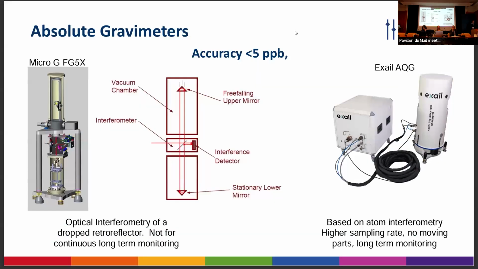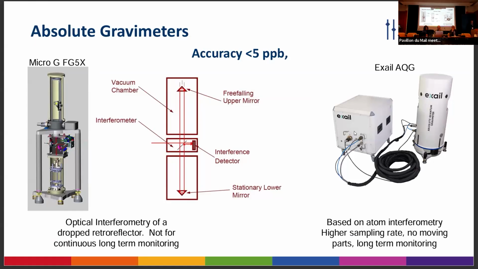So what we want to do is be able to measure gravity, and the way you can do that is through absolute gravimeters. There are multiple commercial ones available, but the main absolute gravimeter is this Micro-G FG5, which uses a falling retroreflector and measures the acceleration with an interferometer.